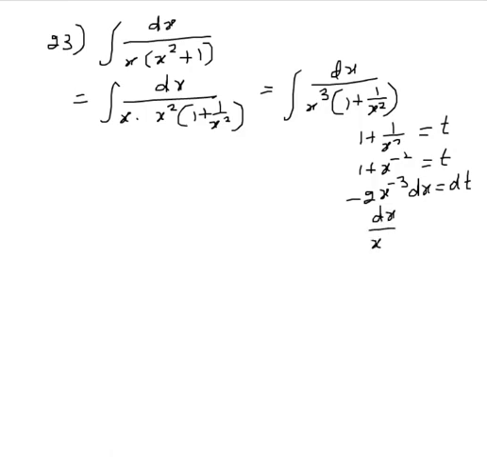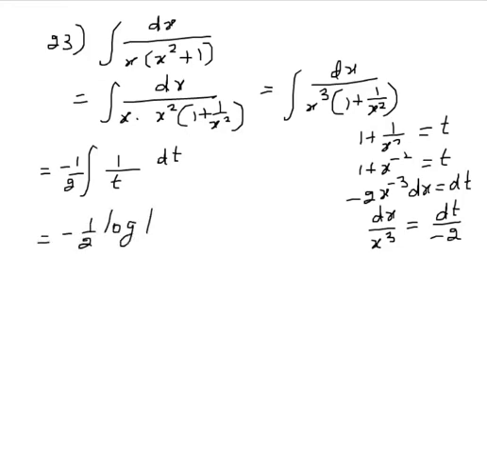Therefore dx divided by x cube is dt divided by minus 2. So dx by x cube becomes dt divided by minus 2. Let me write minus 2 outside the integral. And that bracket becomes t. So easy it is. Within no time you can complete the proof.